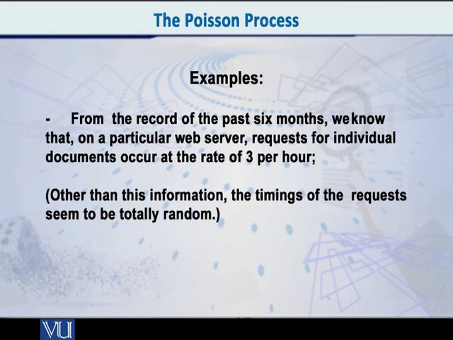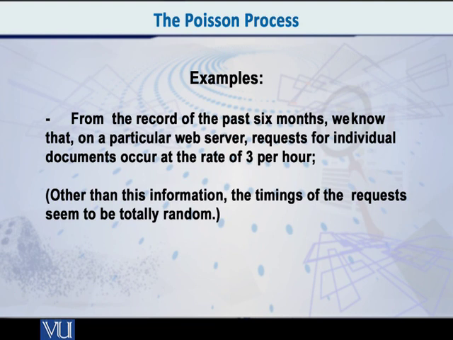Even if we have this information, we cannot tell at exactly what moment in that 1 hour we will have the first request coming, at what moment the second one, and when do we get the third one. That is, their timing seems to be totally random.